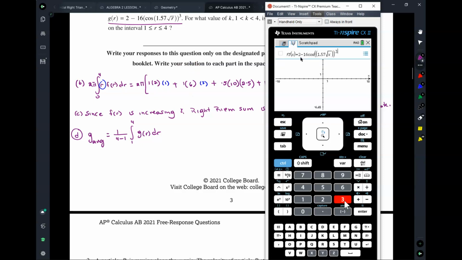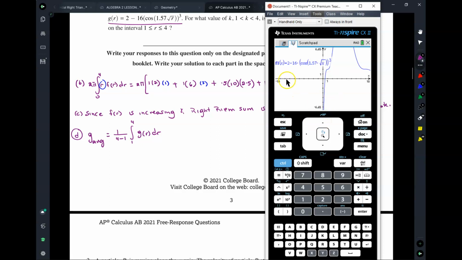Is that the correct function? You need the parentheses around the cosine. There are 2 sets of parentheses. Always be careful and look: 2 opened, 2 closed. This is from 1 to 4. I'm just going to leave it like that for now.